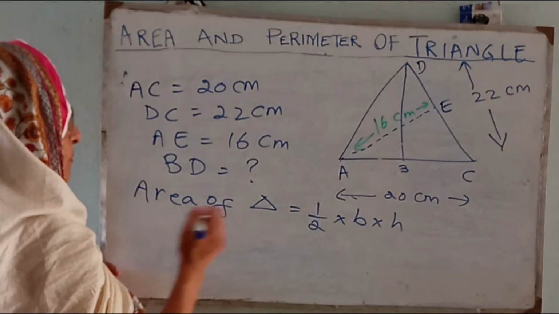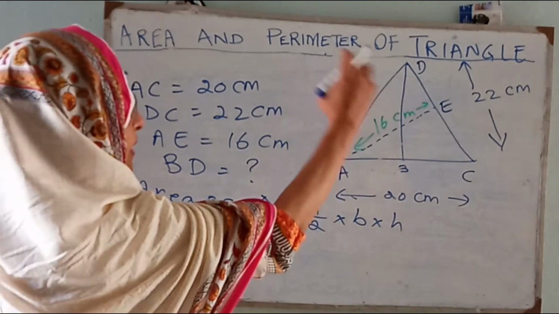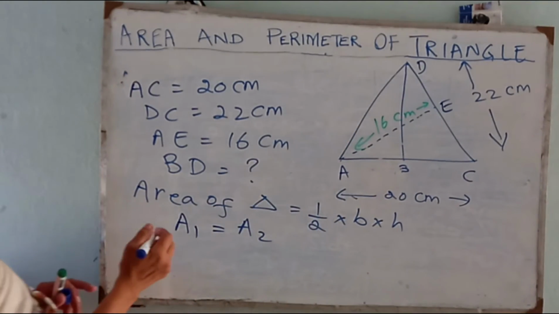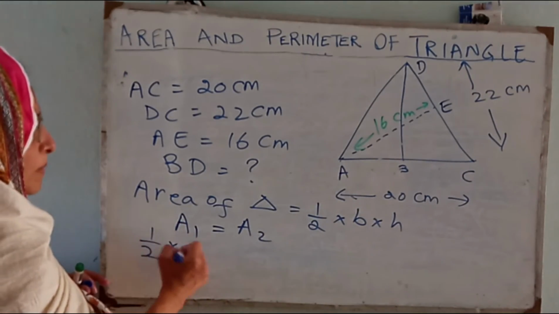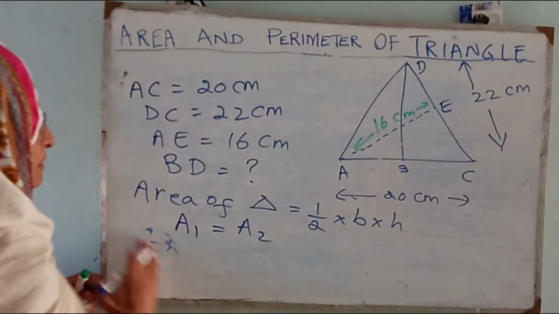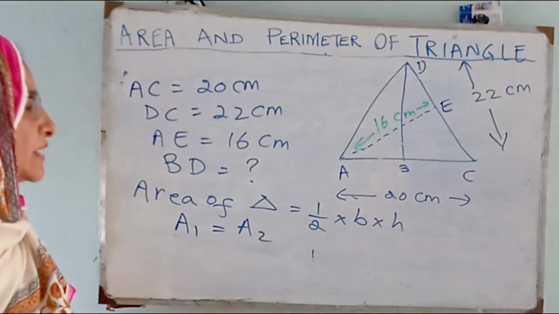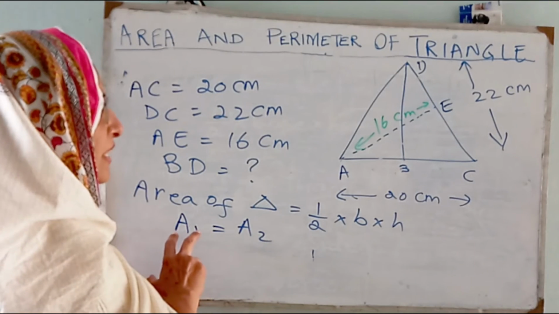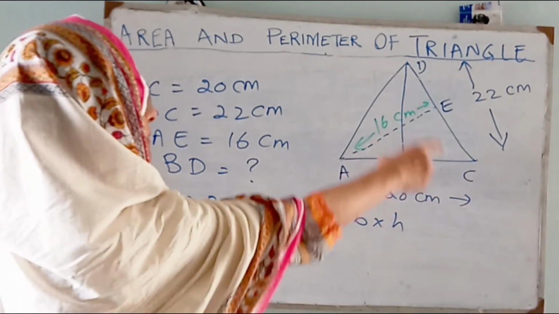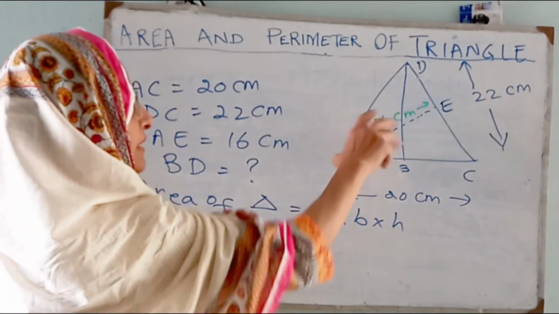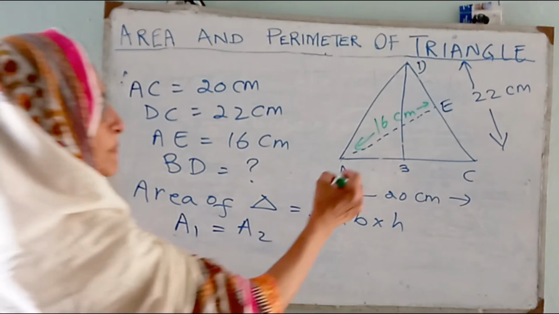So A1 is equal to A2. The area of one triangle will be equal to the other triangle. What we mean to say is that the area will be the same whatever the base may be.